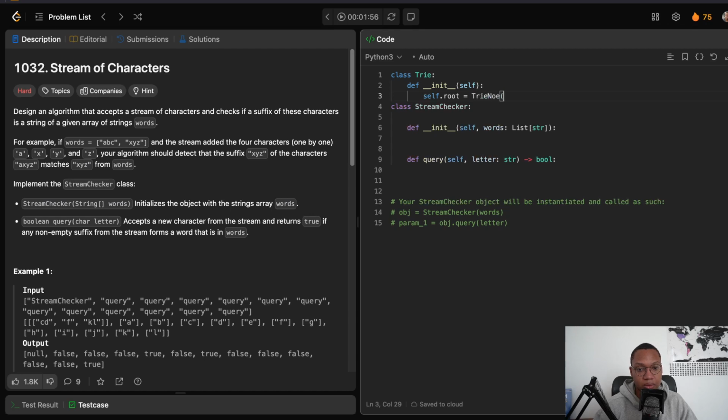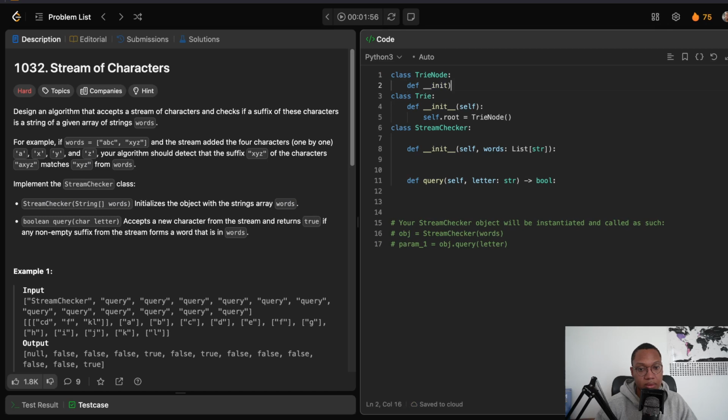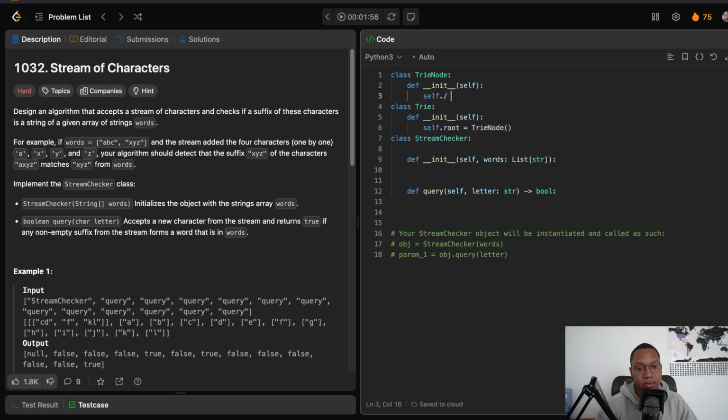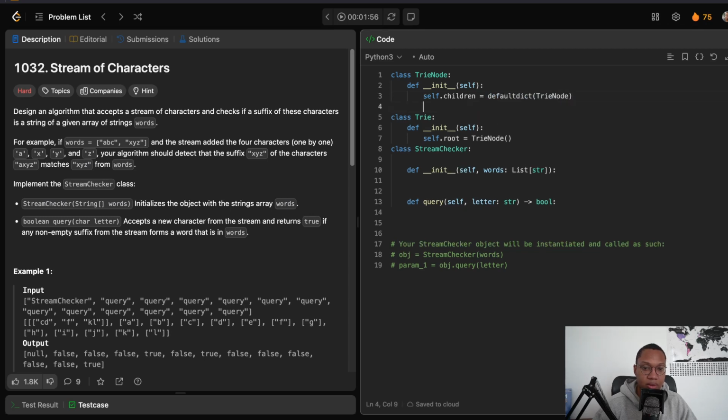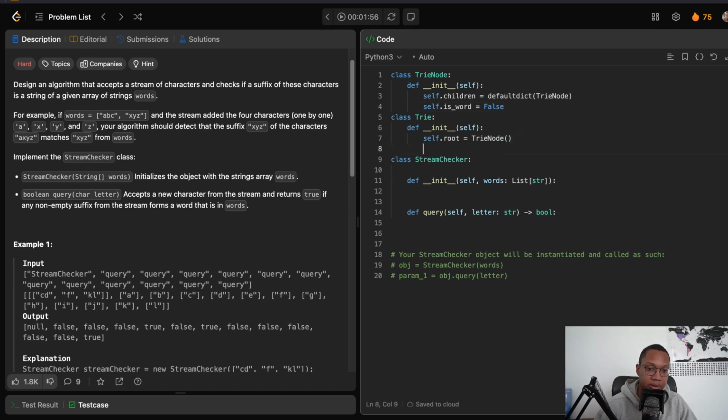So we're gonna do some tries stuff. So then we want what the children is defaulted with, like a try node. And then probably just check if it's a word. And that's all we really need. And then we can build out our functions. So like def add word.